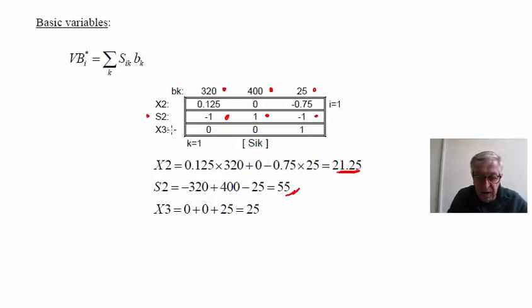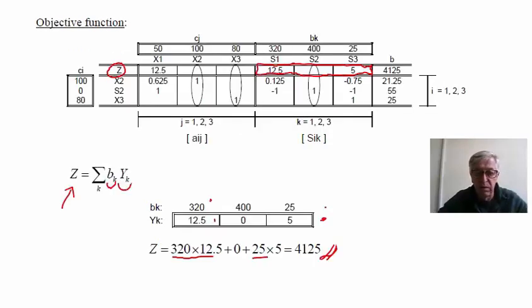Now the last basic variable x3 is equal to the internal product of the last line by the vector bk, that is 25 that multiplies 1. And of course we can confirm these values in the previous table. So we have here the list of basic variables associated to each line, and we have here the values that we just obtained.